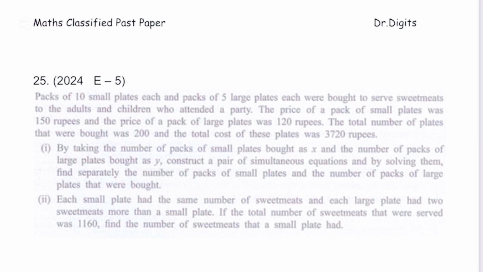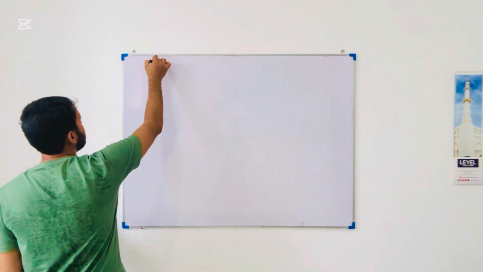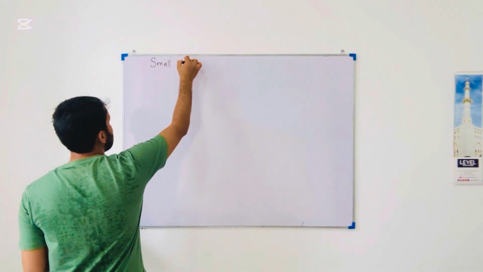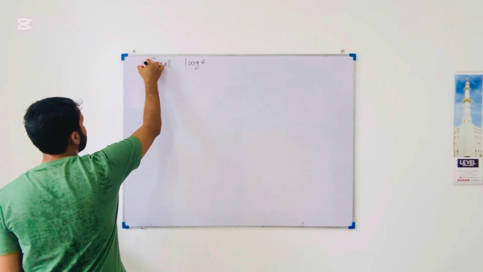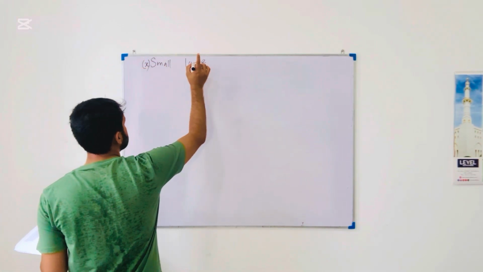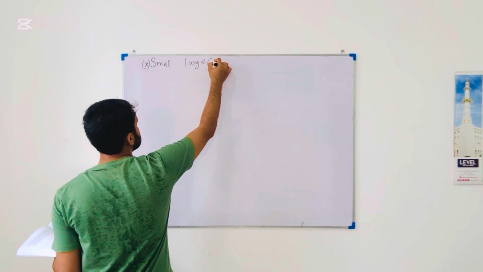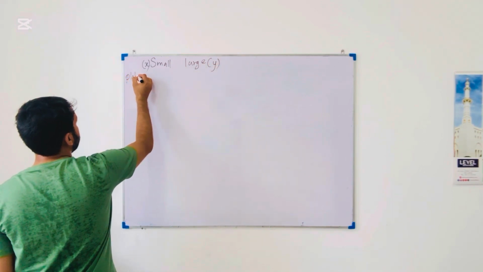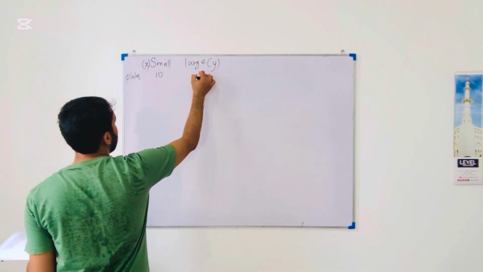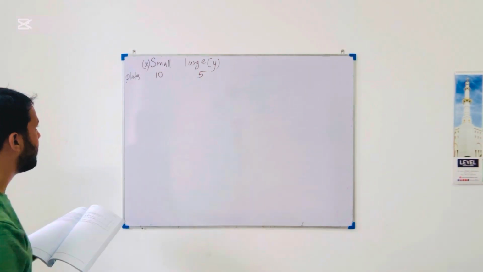So by taking the number of small packs as X, and the number of large packs as Y, here I have 10 plates in a small pack and 5 plates in a large pack, right.